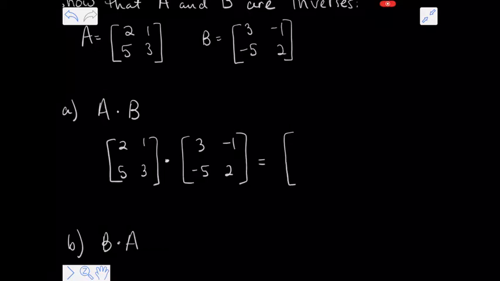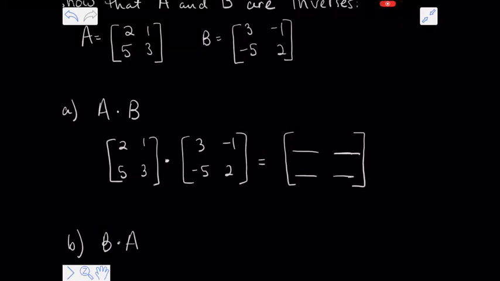So a 2 by 2 multiplied by a 2 by 2 is going to give us another 2 by 2. We've got 4 available spots. I'm just going to go in order this time. So that entry right there is row 1 and column 1. So this entry multiplied by that entry is 6, and I have to add that to this entry multiplied by this entry, and that's negative 5.